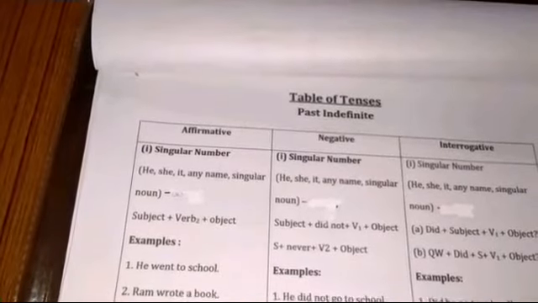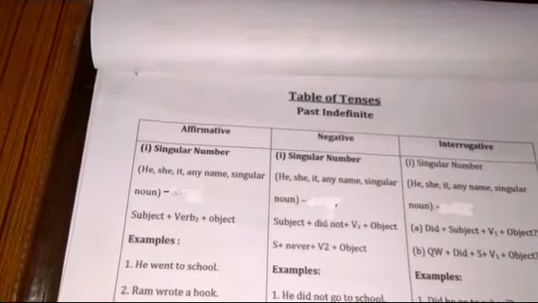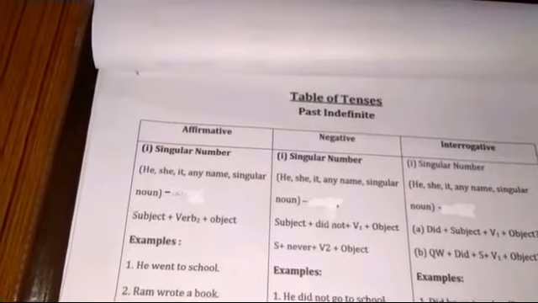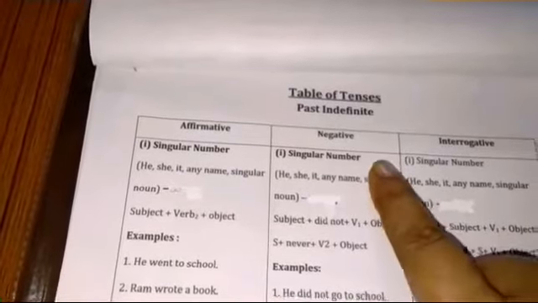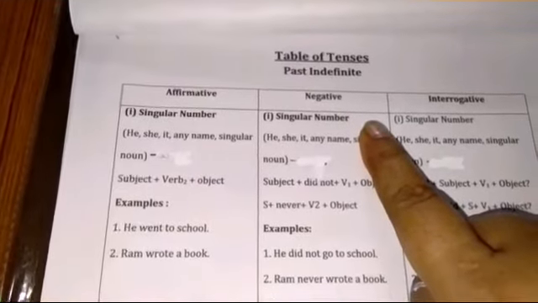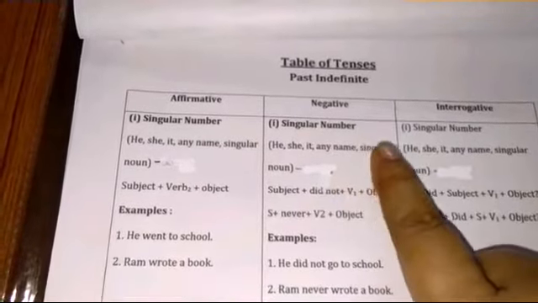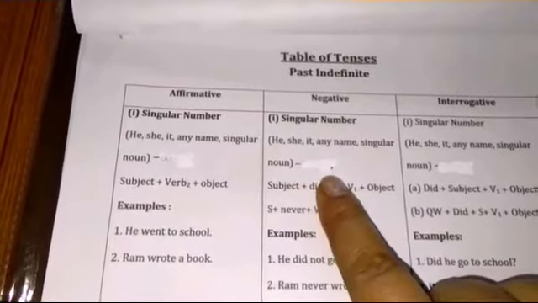Ram wrote a book. This is wrote, the second form of write. So Ram wrote a book. Okay, now let's move on. Negative sentence. The same singular number: he, she, it, any name and singular noun.